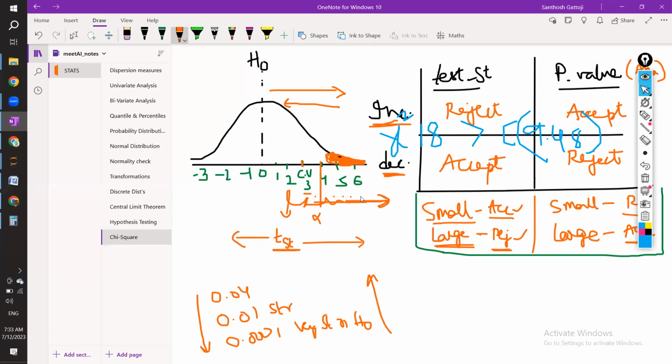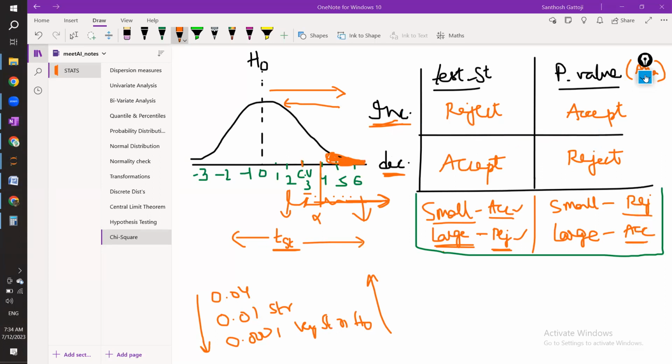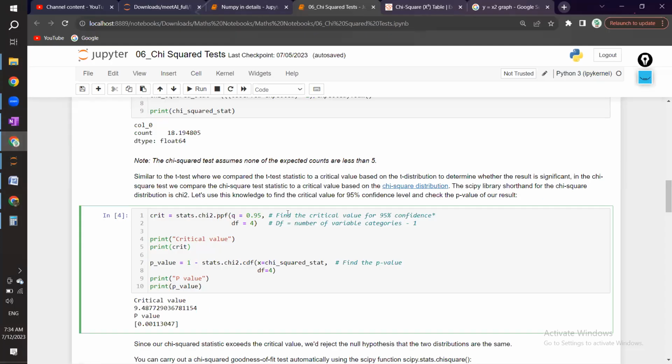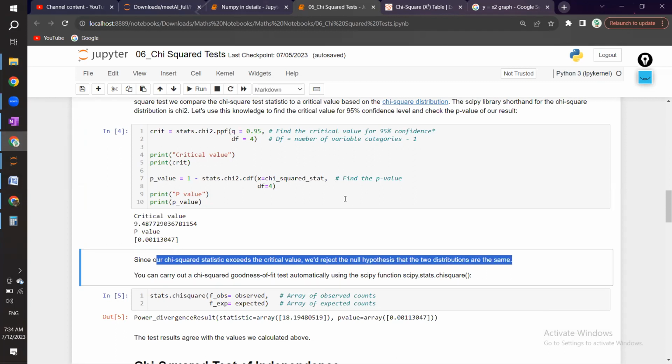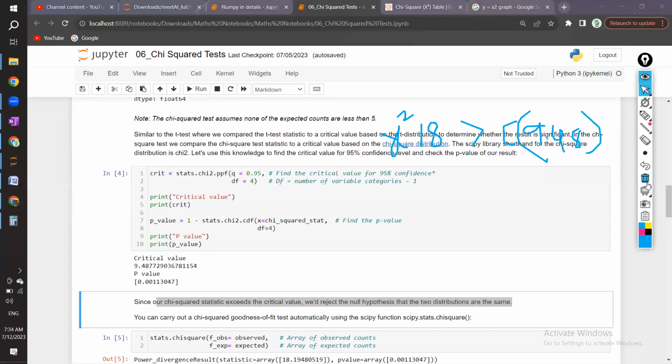In that case, what should I do? It's going to the right side, so it's a reject. Reject, sir. Okay, so since our chi-square exceeds the critical value, we would reject the null hypothesis. The same thing you can also understand from the p-value.